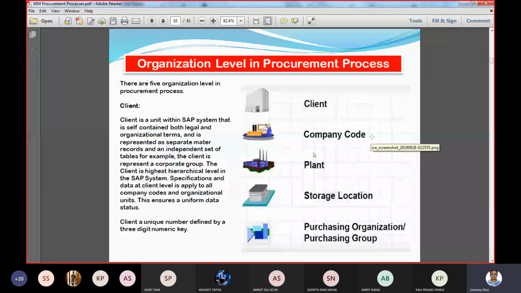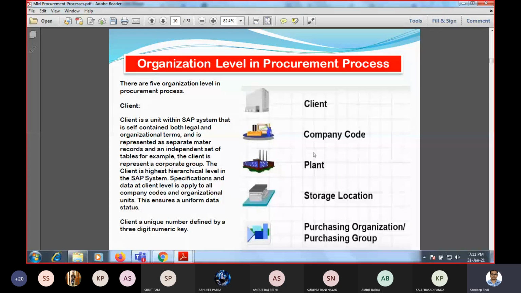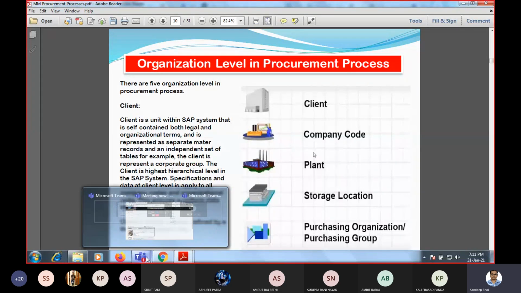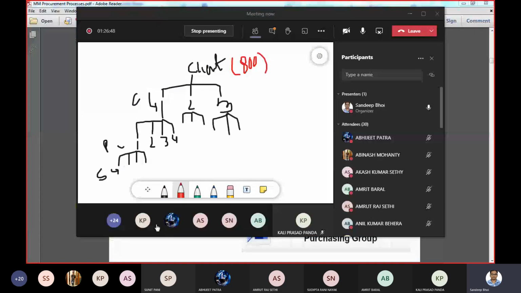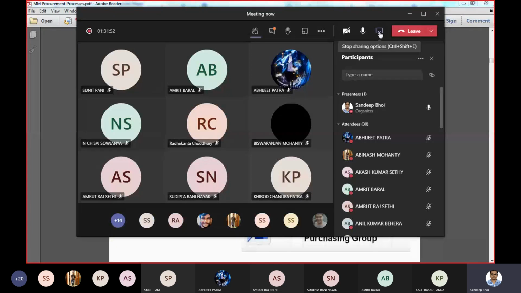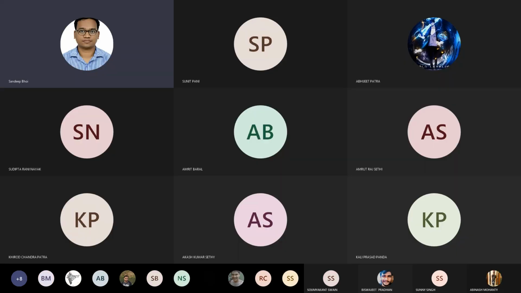For example, under one company, actually I need to draw that and then only I can understand. Let me switch to my whiteboard. Just a minute.